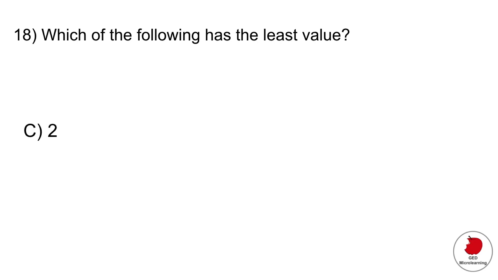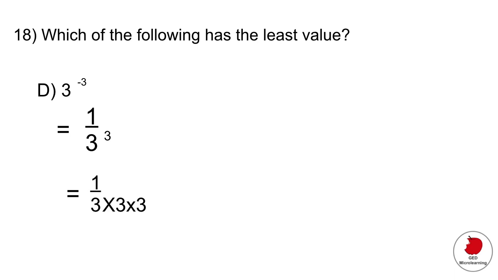Option C is 2, so we don't have to do anything there. And option D, again, we would rewrite that as 1/3 raised to the 3rd power, which equals 1/27, or in decimal format, 0.037.